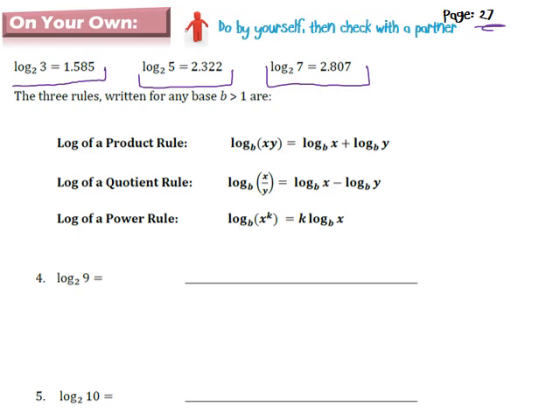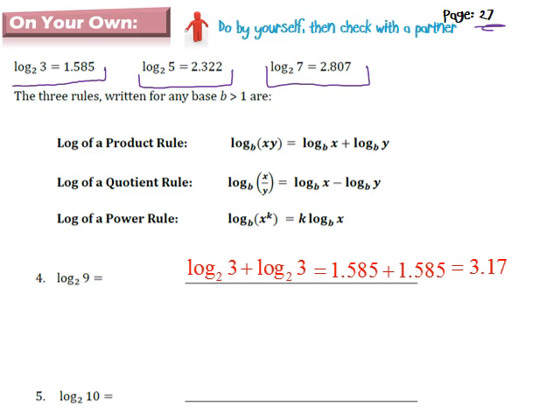If I write it as 3 times 3, and I know that log 3 is 1.585, it would look something like this. I can write it as two separate logarithms, and now we know what this equals, so I can say that that's 1.585 plus 1.585, and then we get our answer. That's what it means when it says writing logs in terms of others. Writing logs in terms of other logs.